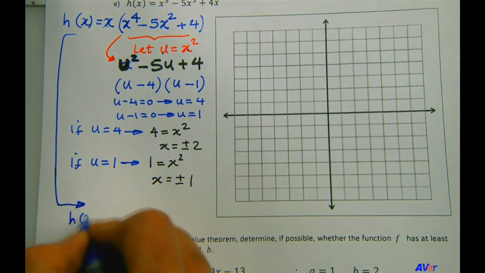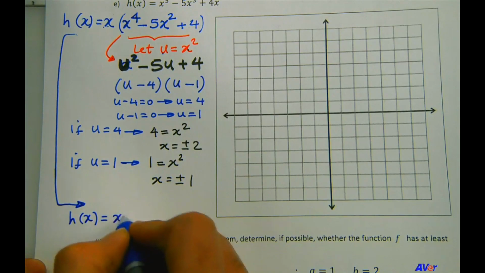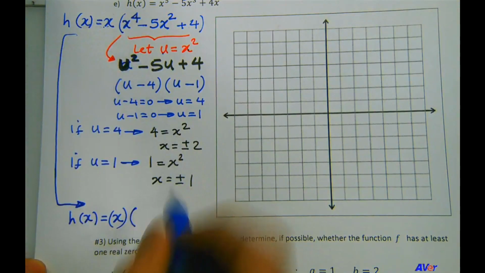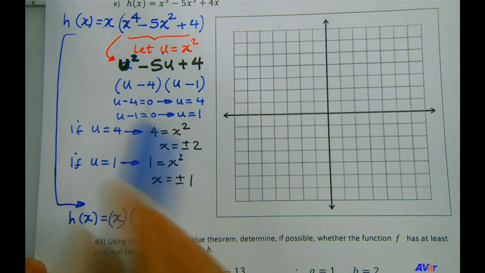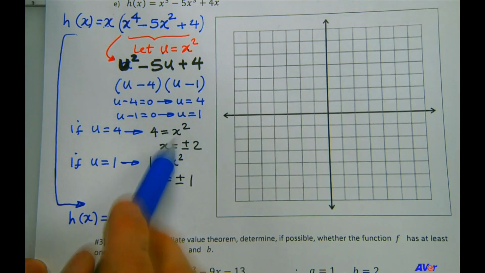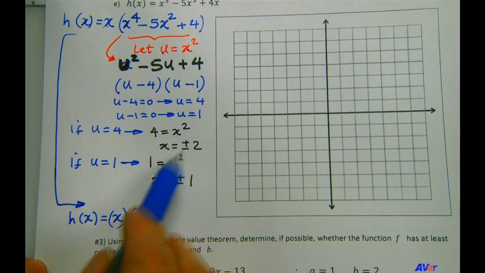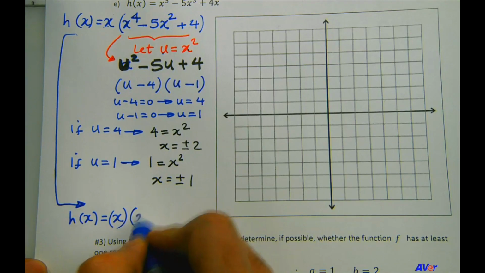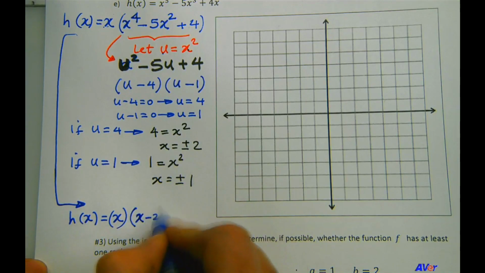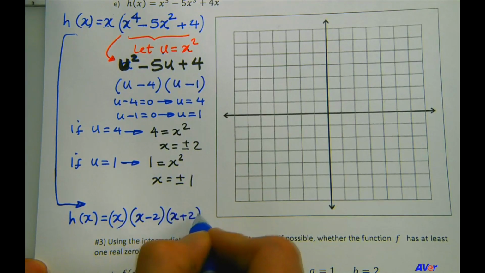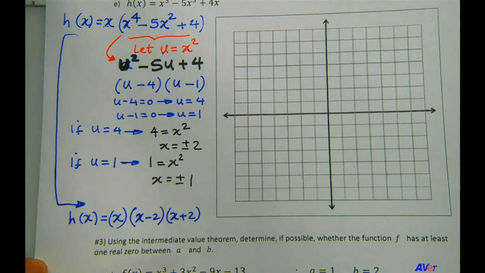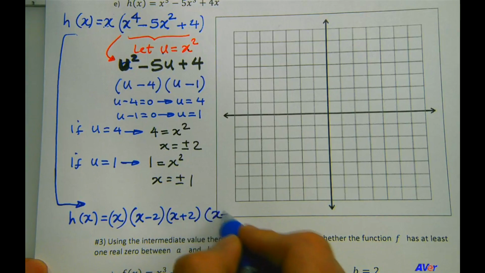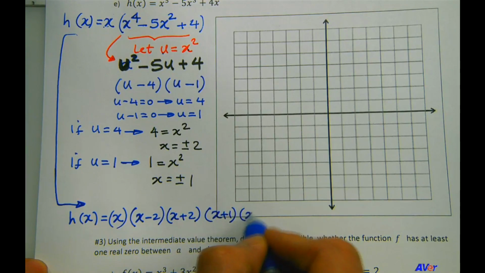So we have h of x equals x, which is that first factor, times x minus 2 times x plus 2, and then times x plus 1 times x minus 1.